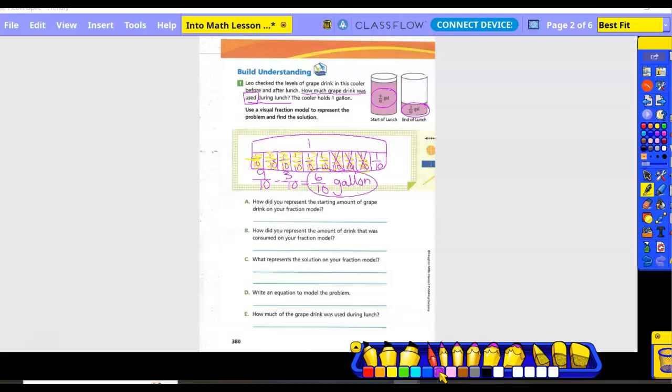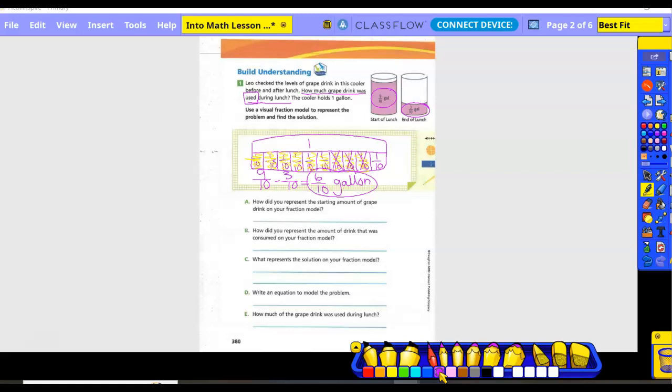Letter A, how did you represent the starting amount of the grape drink on your fraction model? So we started in what? 9 1/10 pieces, correct? Okay. How did you represent the amount of drink that was consumed on your fraction model? So, did we mark them all? No, we didn't mark off what was consumed.